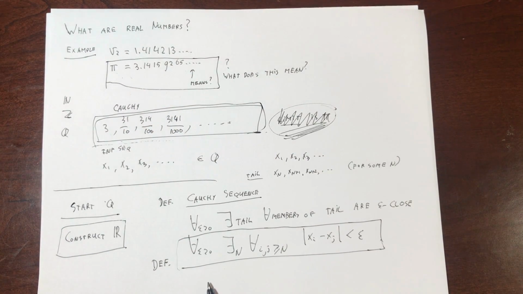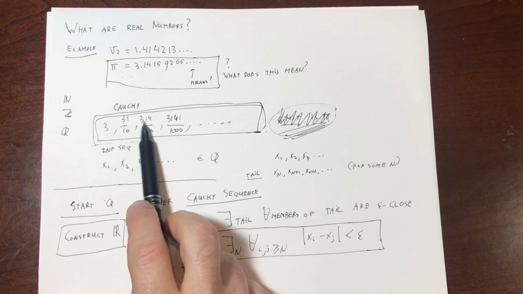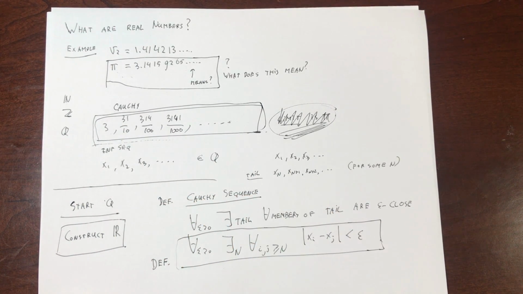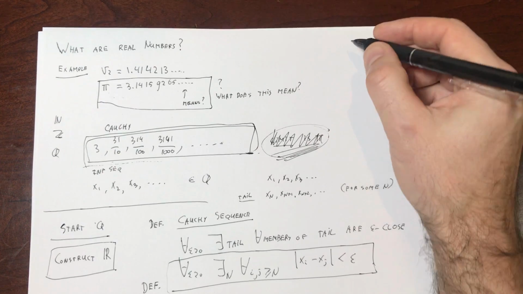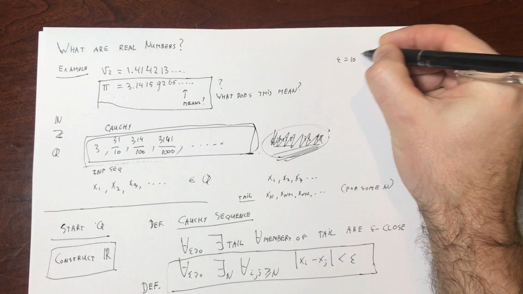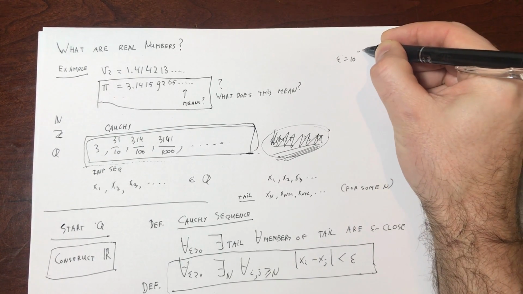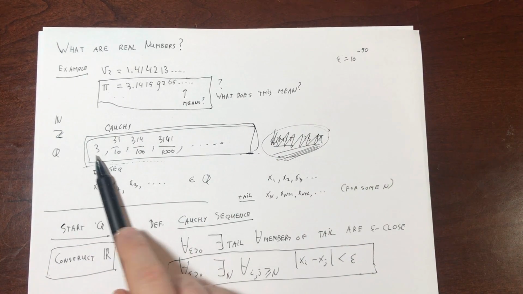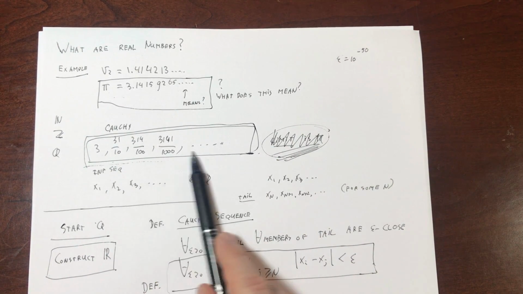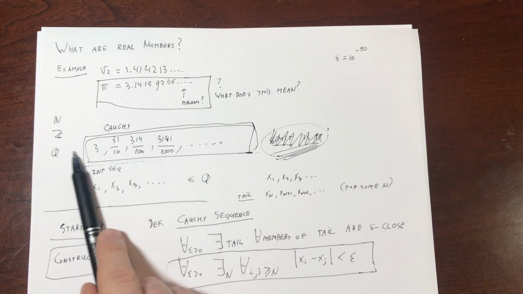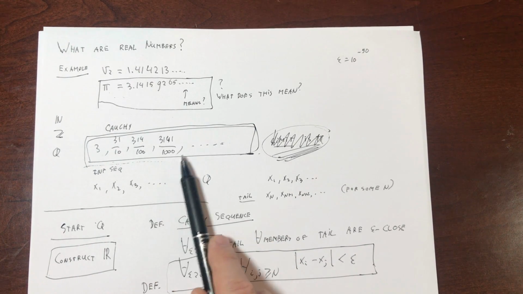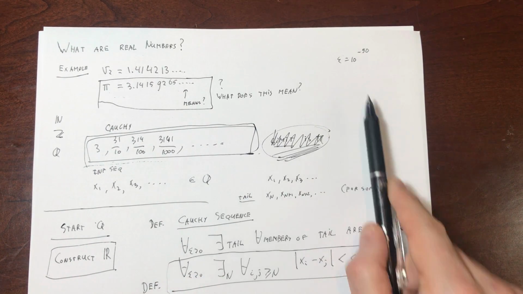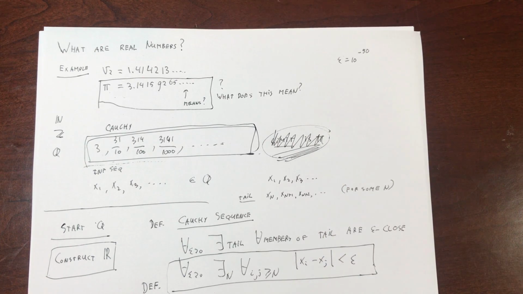So why is that true? Well, you can basically see that these numbers keep getting closer and closer. So if you choose some epsilon, say epsilon is 10 to the minus 50, okay? Then throw the first 50 or 51 terms or whatever. Let's throw the first 60 terms away of this. But then the numbers get so close that the distances between them will be less than this.